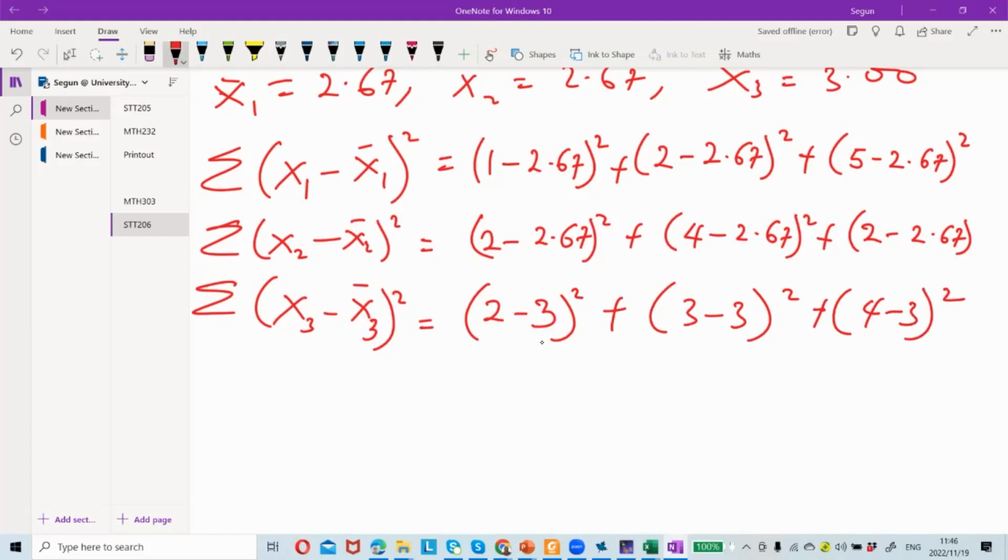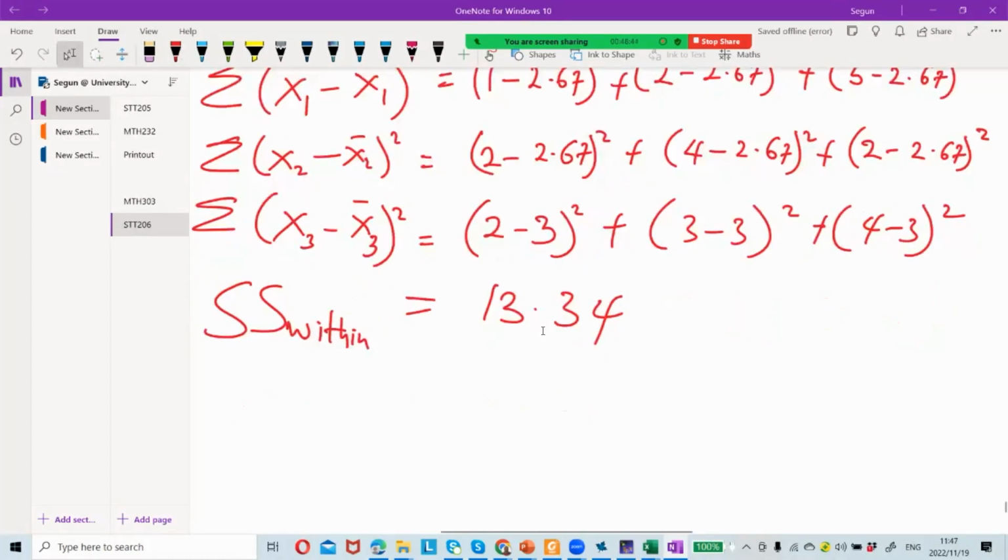So let's add the value for this. Don't forget they all have squared. Have the value for this, have the value for this. Add it together. So you have your SS within to be equals to 13.34. If you add it together, you'll get this.